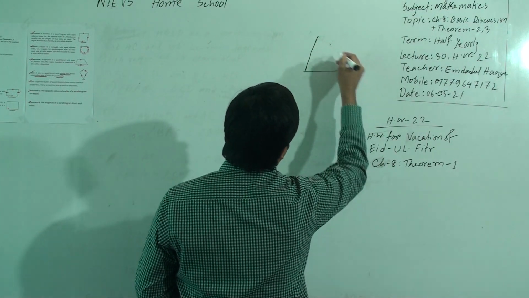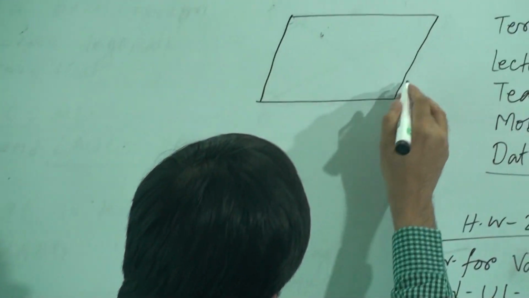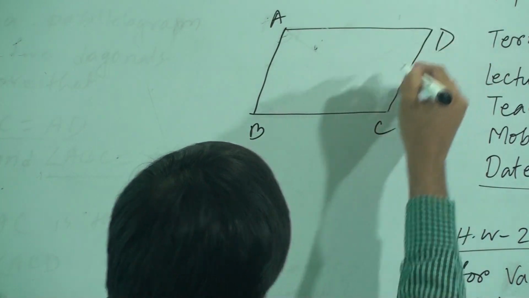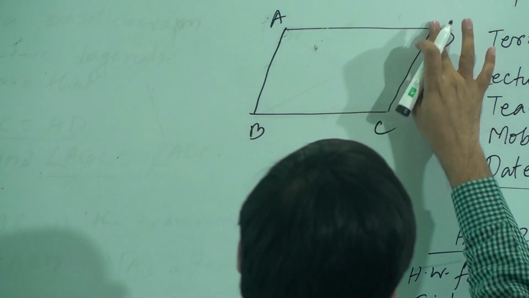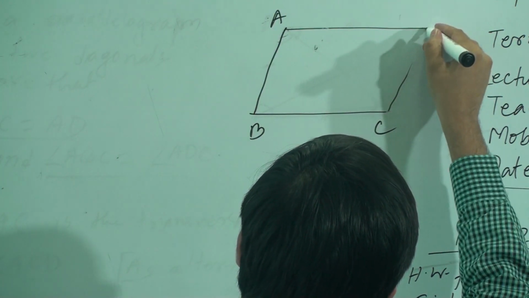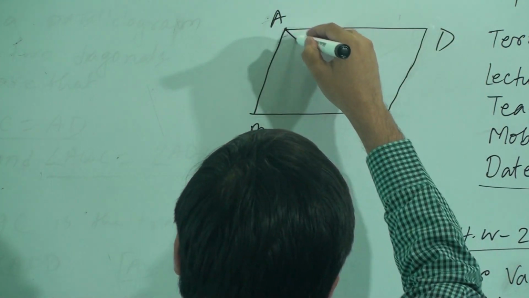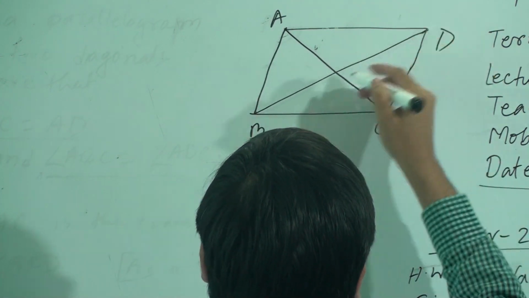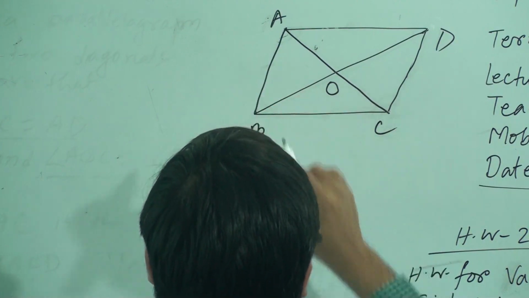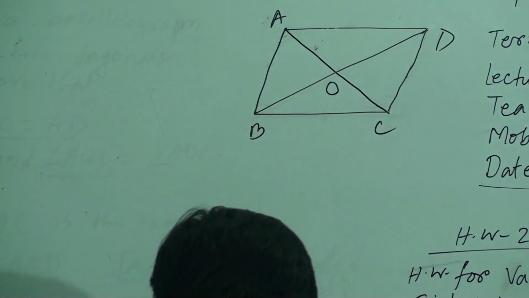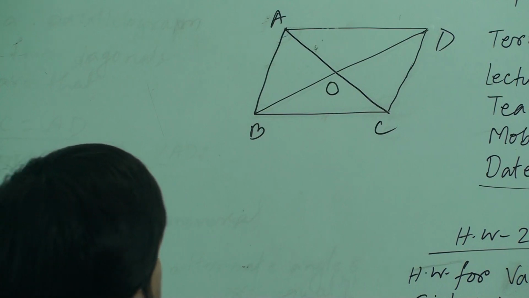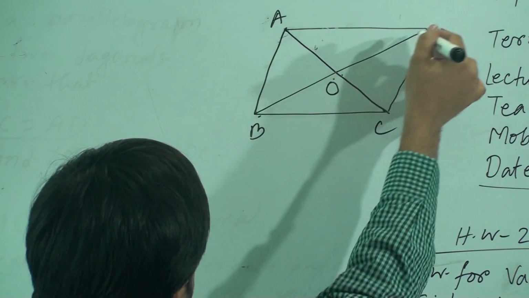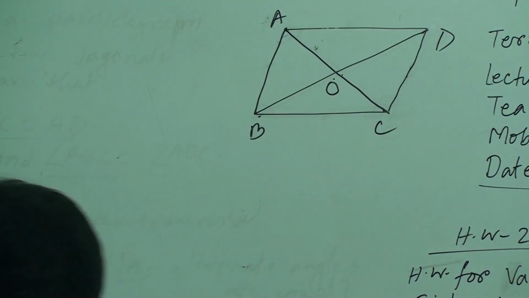Suppose ABCD is a parallelogram and two diagonals AC and BD intersect each other at O. As we need to prove the diagonals bisect each other, we need to prove here AO is equal to CO and BO is equal to DO. We need to prove this. Okay, dear students.